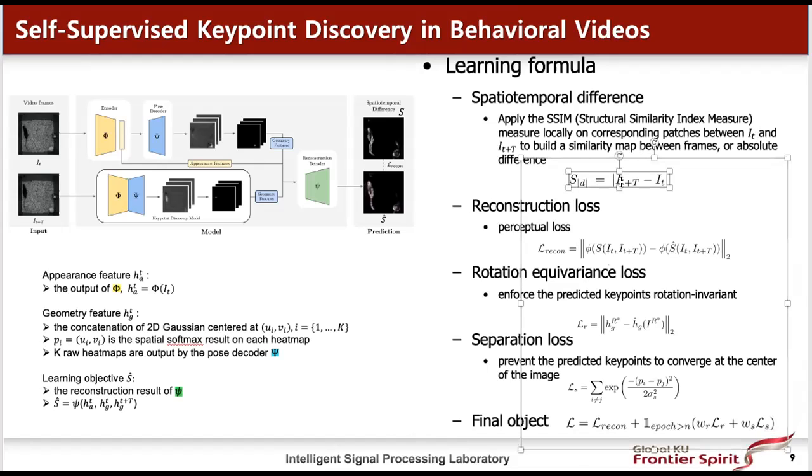Yeah, this one. Is that a scalar? I think it is calculated pixel by pixel. Yeah, I understand that, but what do you get in the end? Is it a scalar value or a matrix? Yeah, I think it is a matrix.